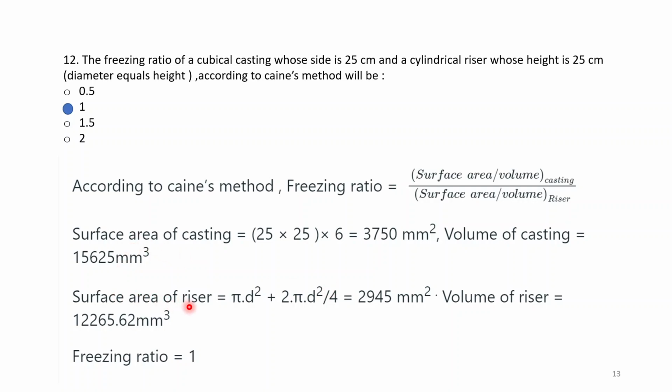For surface area of riser, it will be the two faces and one entire perimeter region, and volume of riser will be pi r square h. So using those formulas you can calculate this, and on calculating, the freezing ratio will be around 0.999, so it will be approximated as 1.